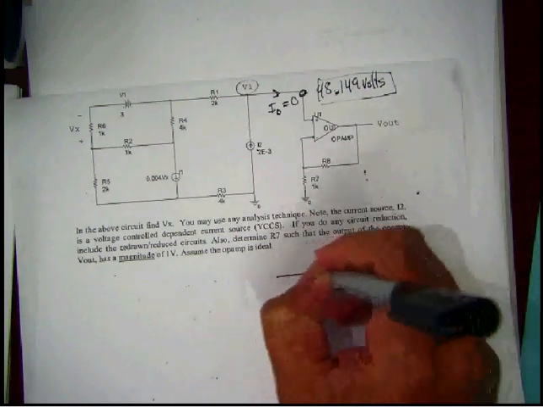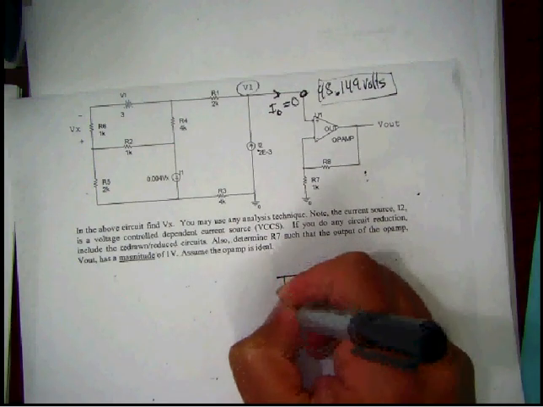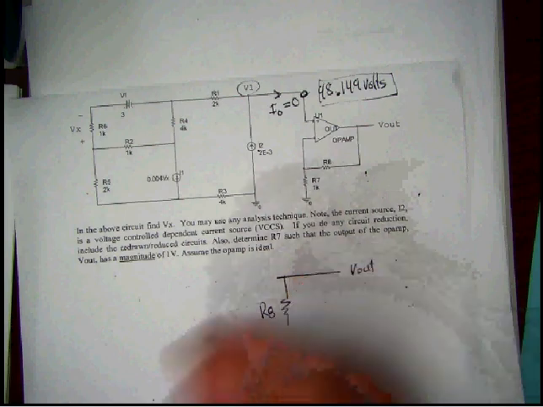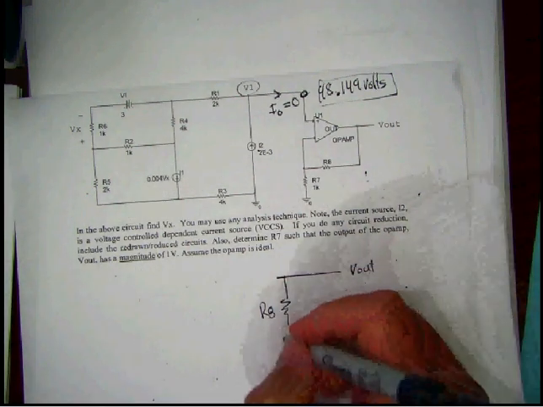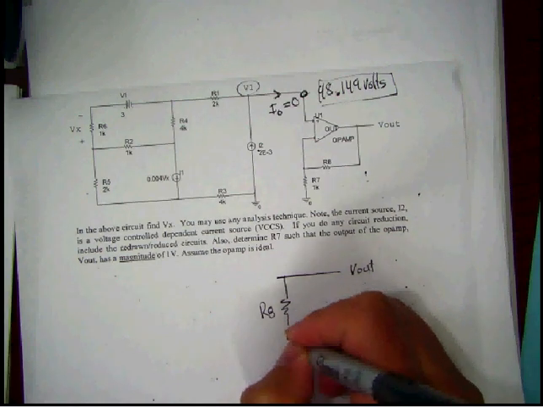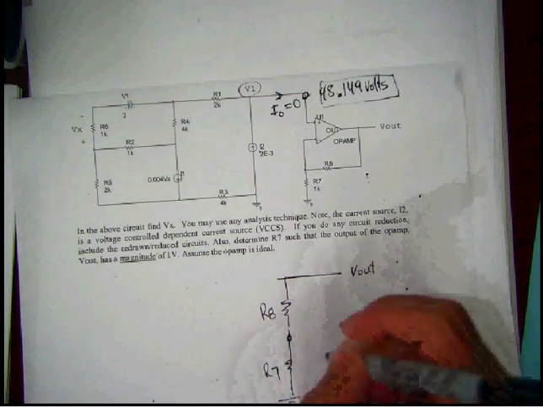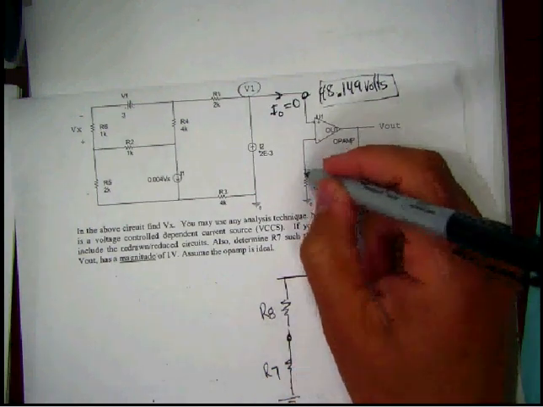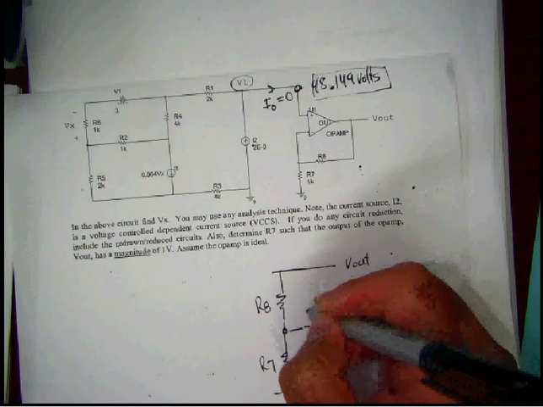Look at it this way: we've got a V out right here. Then comes the resistor R8. Then comes the resistor R7, and then ground. And we know that at this node right here, this is what actually is going into the op-amp.